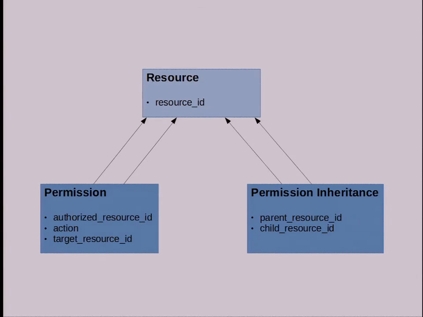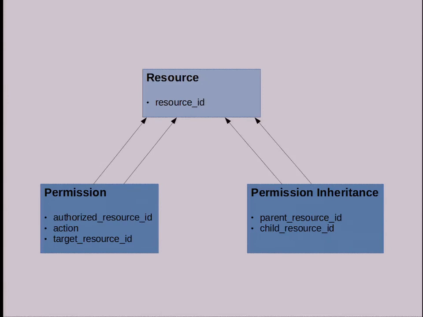What authorization does, it needs a resource from the other project. We need the resource project. This resource is only an ID, but it comes in often because we want to have our solutions loosely coupled. If we need some logic to be loosely coupled, then it's a resource, and we wire them together by resources. We have a permission table where an authorized resource can do an action on a target resource, okay?